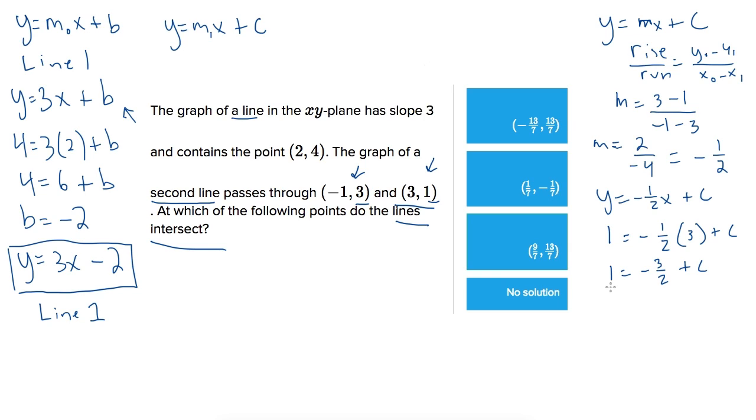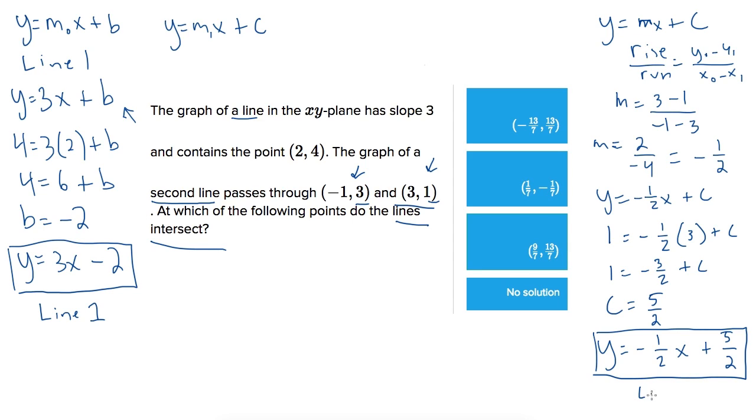If we put this into halves, we're going to get that c equals 5/2. So now we have our equation y equals -1/2 x plus 5/2. Okay, and that's line 2.